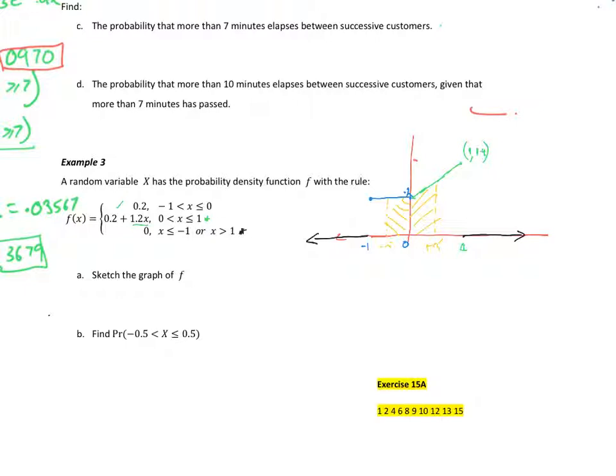So clearly I'm going to have to split my integral up because I've got two different rules. Now, I can actually work out this first area in two ways because it's just the area of a rectangle. So let's set it up formally.